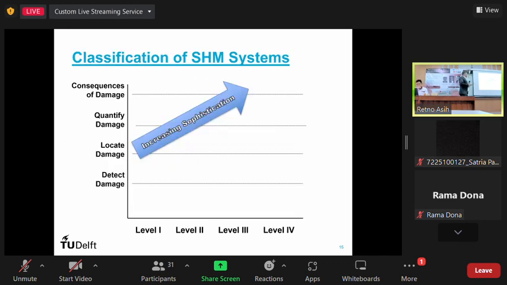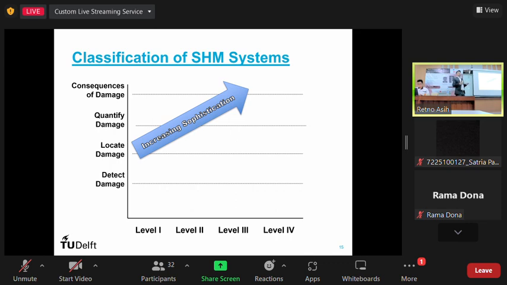And we see that when we increase the level from 1 to 4, what happens? We are actually increasing the sophistication. Of course, it becomes more expensive. It becomes more complicated when we increase the structural health monitoring levels, because we want to know more, so we need to spend more. We need to understand more. We need to get more data.